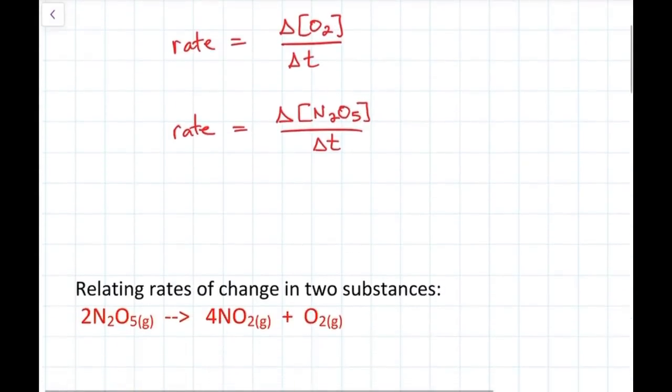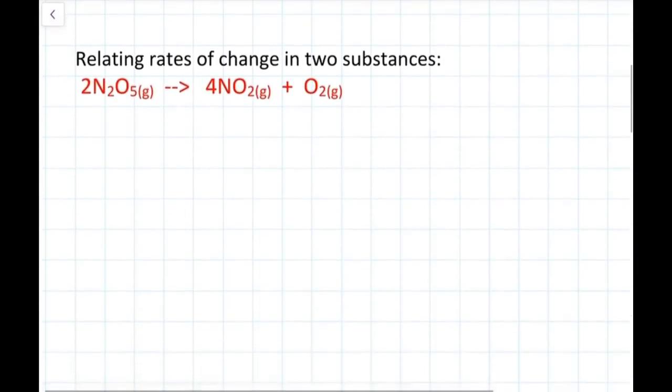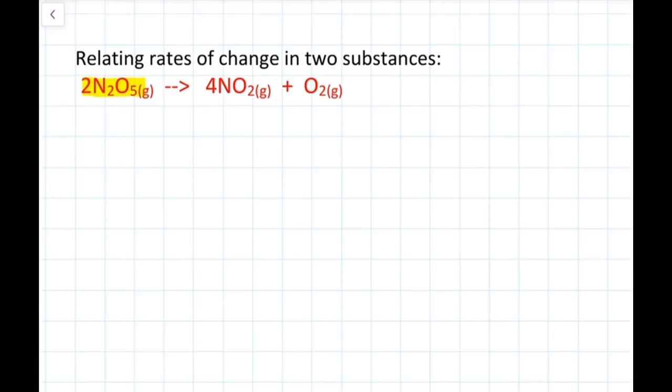Okay, we can also relate rates of change in two different substances in the equation. So for example, if I wanted to focus on comparing how fast the N2O5 is going away compared to how fast the oxygen is being produced, we just have to look at the coefficients because there are two molecules of N2O5 that are decomposing for every one molecule of oxygen that's being produced.